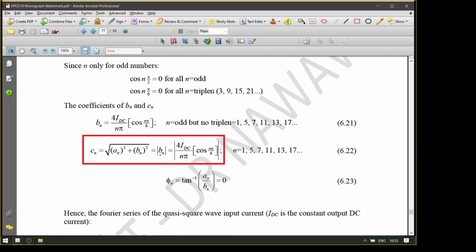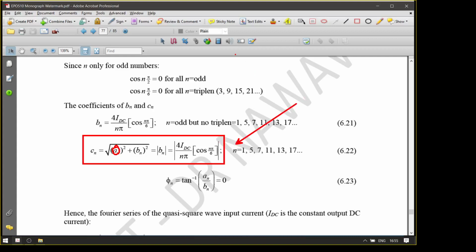Because an is 0, Cn is always a positive value because it's the magnitude of bn: 4 IDC over n pi cos n pi over 6. This is the amplitude of the quasi square waveform.